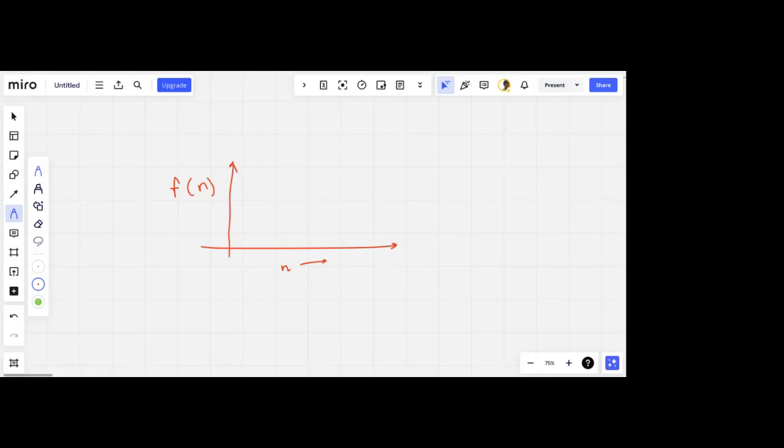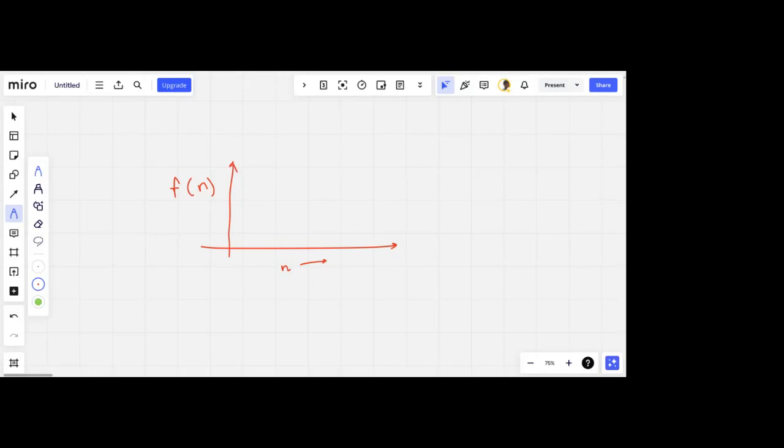Just a very simple question. What I'm asking you is very simple: I am giving you 100 mangoes, okay, and I'm asking you to divide them among 10 people. So your input is n equal to 100. Now if I increase the input, let's say if I give you 1 lakh mangoes, do you think the time it will take you to distribute them will become higher if the number of mangoes is more?